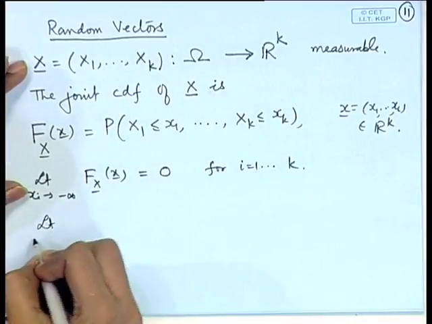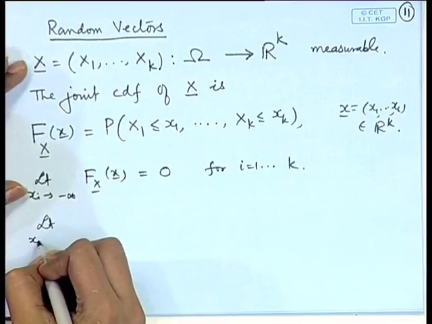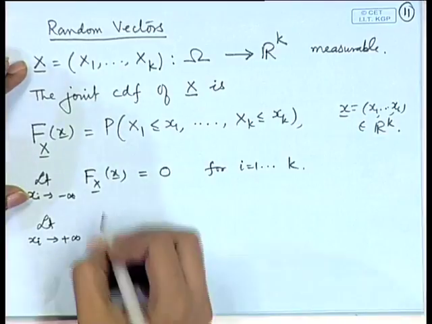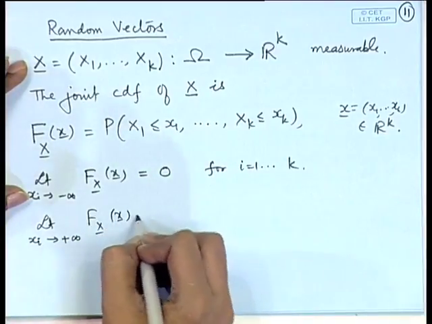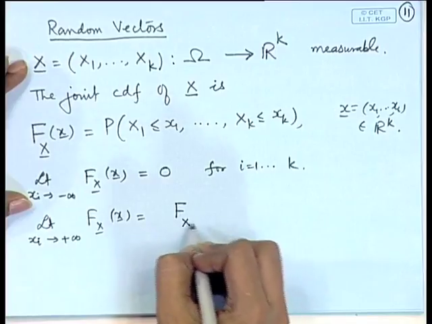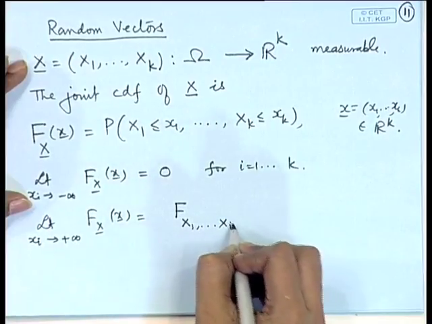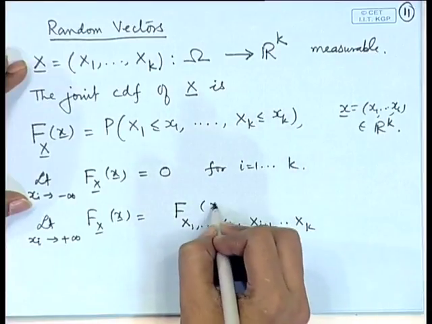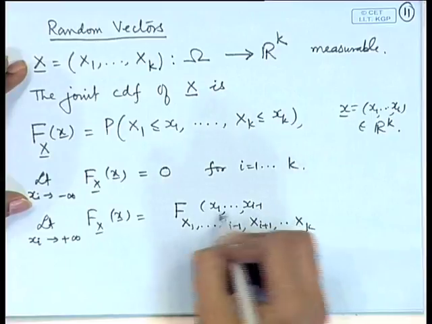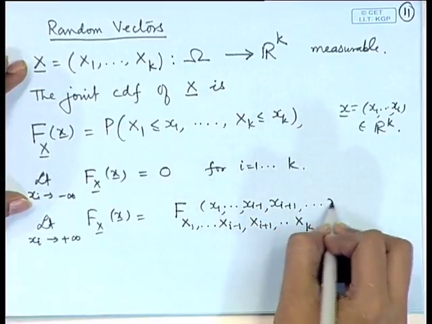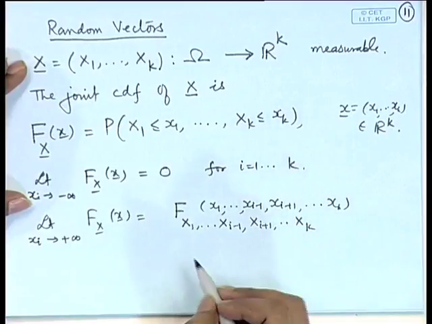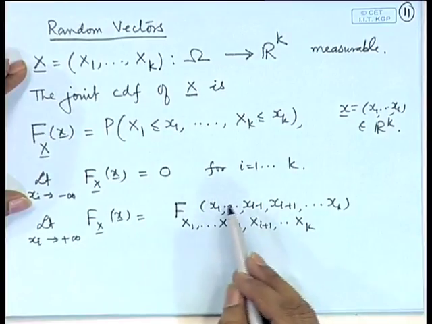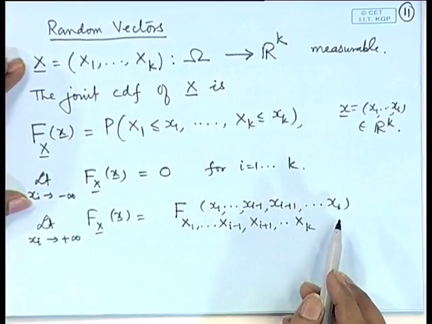If we take limit as xi tending to plus infinity, then that will yield the CDF of all the variables except the ith one. We may also obtain the marginal distributions of only X1 or only X2 by taking the limits of all other variables tending to infinity.